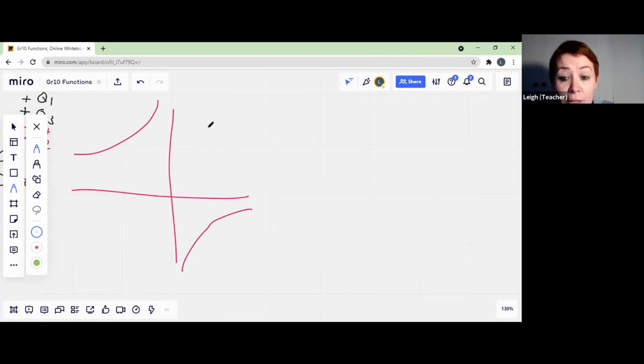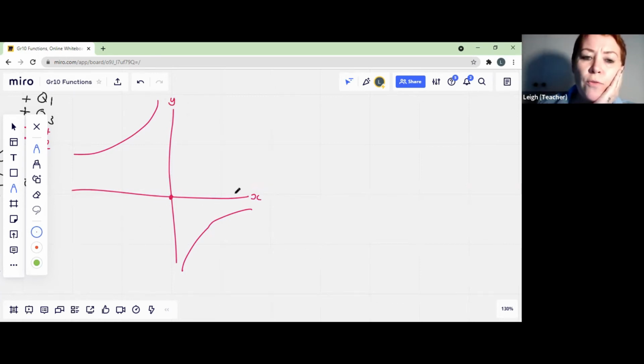Yes? Please explain, ma'am. Okay, all right. So the Cartesian plane, your set of x and y axes, these are really just two number lines: a horizontal one, which is the x-axis, and a vertical number line, which is the y-axis, and they cross over one another when they both equal 0.